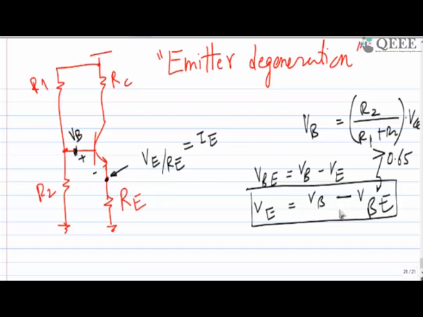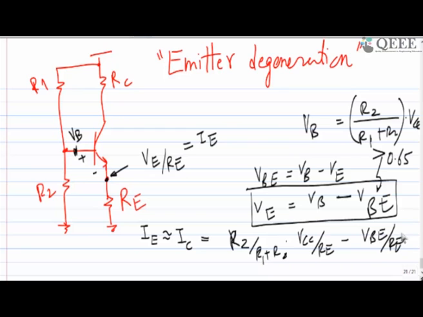Now, if you put these values here, what is going to happen? Your IE, which is approximately equal to IC for the transistor action, you are going to have R2 by R1 plus R2 times VCC by RE minus VBE by RE. This is what you are going to see. So I'm seeing that there is a linear control, there is no exponential control, everything is in ratio, no problem, right?